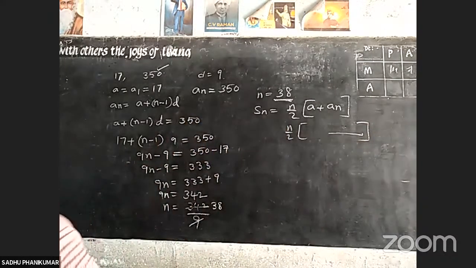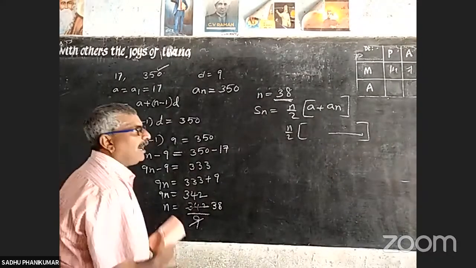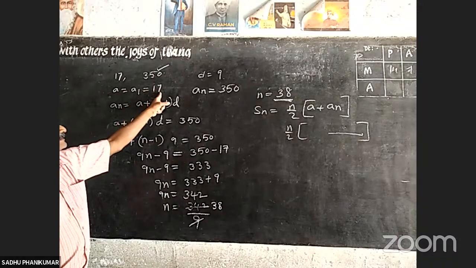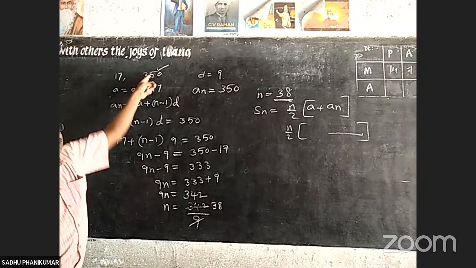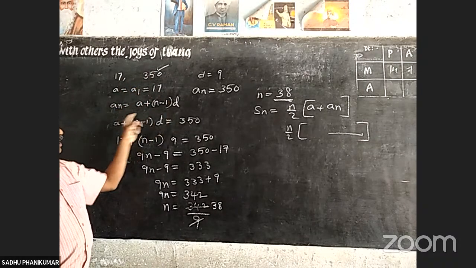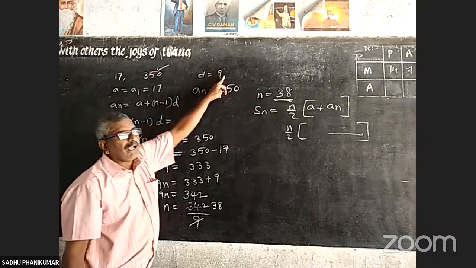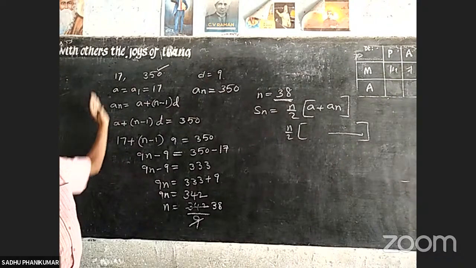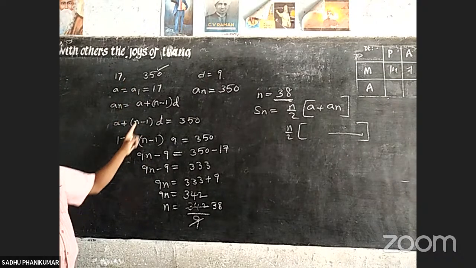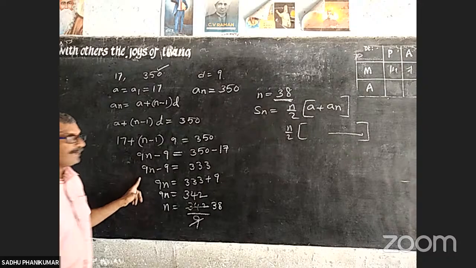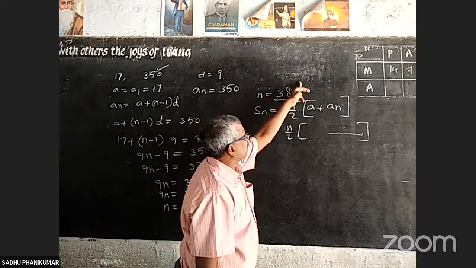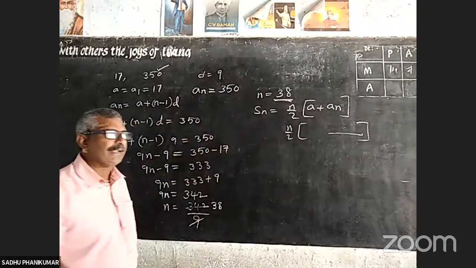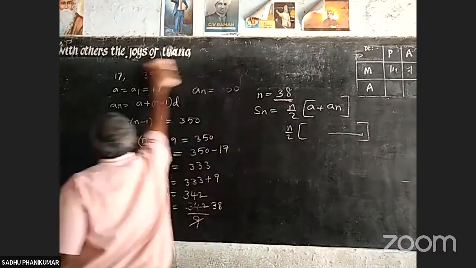Whichever is convenient, you may apply and you will get the answer here. a1 is given as 17, an, the nth term, is given. Now we have substituted the a value and d value and found the value of n. So the value of n is 38. So by substituting it in that formula, we can find the sum of the total terms.